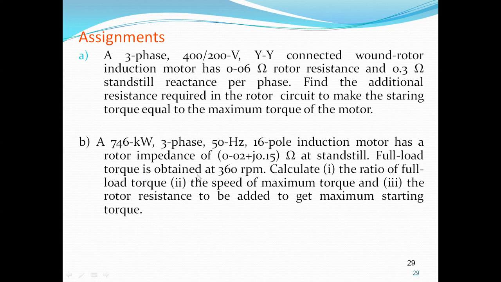Full load torque is obtained at 360 rpm. Calculate, first bit, the ratio of full load torque to maximum torque. Next bit, the speed of maximum torque. Next bit, the rotor resistance to be added to get maximum torque.